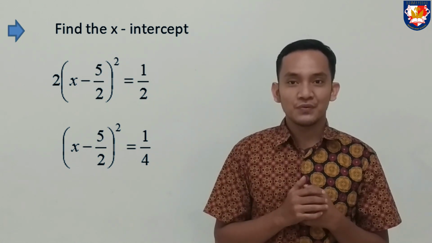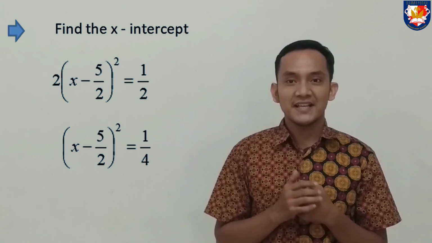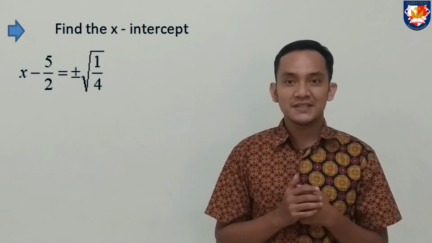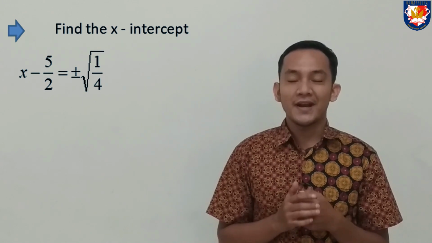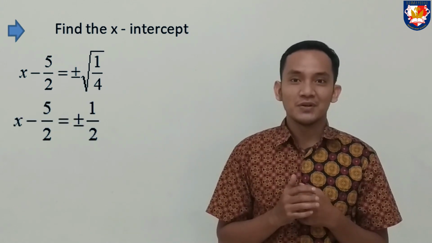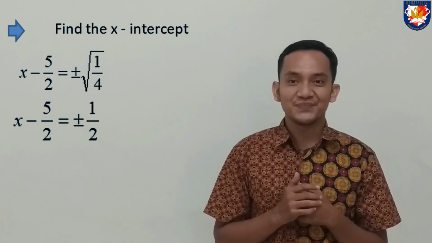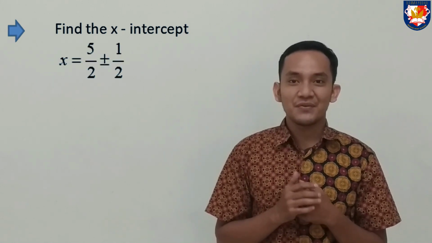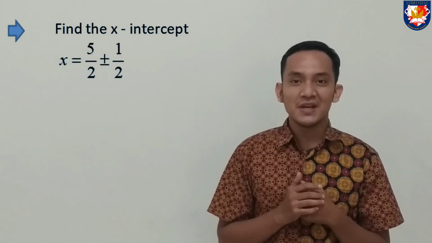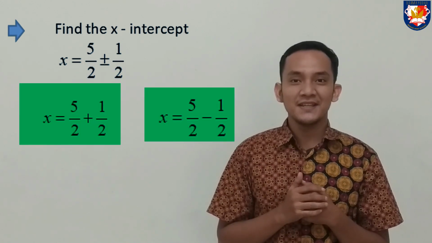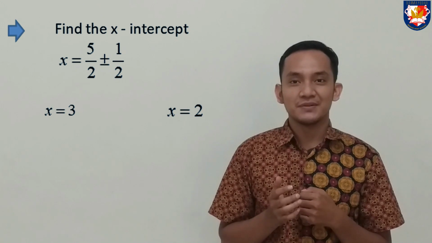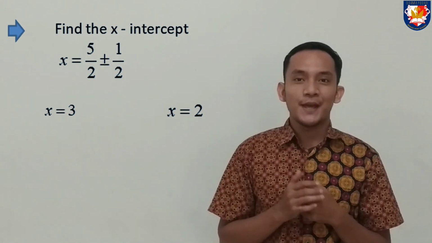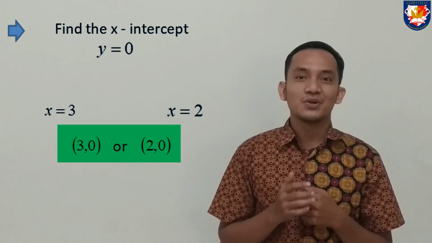Taking the square root of both sides will give x minus 5 over 2 equals plus or minus the square root of 1 over 4, or plus or minus 1 over 2. So x equals 5 over 2 plus or minus 1 over 2. There are two possibilities, x equals 3 or x equals 2. So we got 2 points here, (3, 0) and (2, 0).